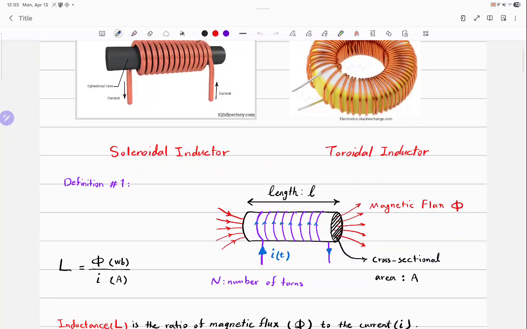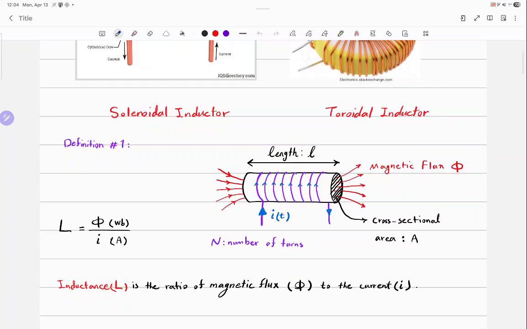If you look at this hand-drawn figure, you see that there are currents passing through the wires around some sort of core, which can be any insulator material, and that current will create some sort of magnetic flux to pass through the core, and it will create some voltage across this element.